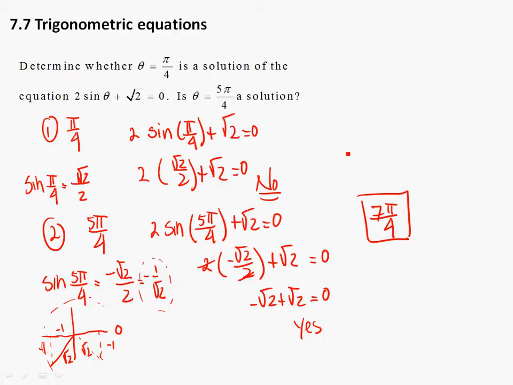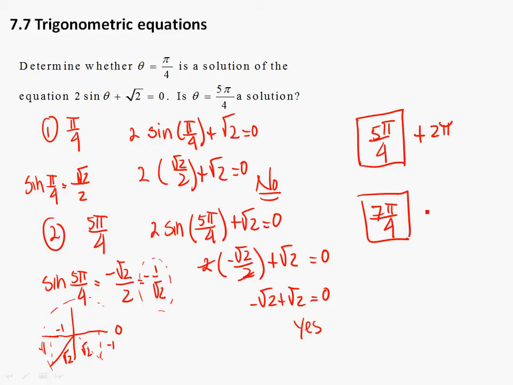Are these the only 2 solutions then out there? If we keep it to one rotation, yes. If we take that restriction away, are these the only solutions out there? No. Why not? What else can happen? It will keep going. What do you mean with that? The next rotation. And how long is the next rotation for a cosine or a sine?